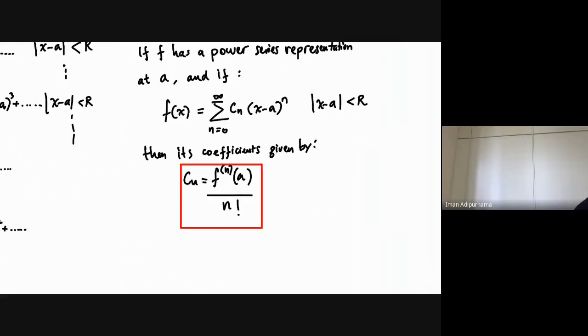And now, using this formula, we put it into the series.